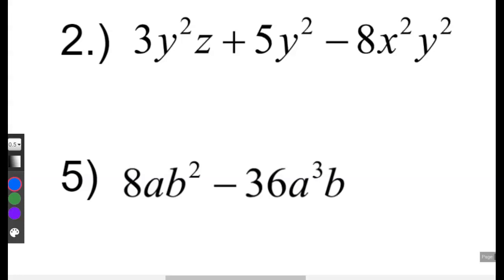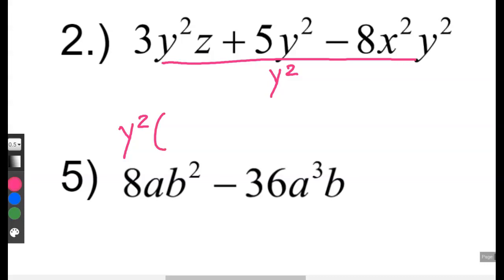That is the greatest common factor between these 3 terms. I can, because my GCF is y squared, divide y squared out of all 3 of these and put it in the front. And that's what I'm going to do. I'm going to pull out a GCF of y squared, put it in the front of a parenthesis.